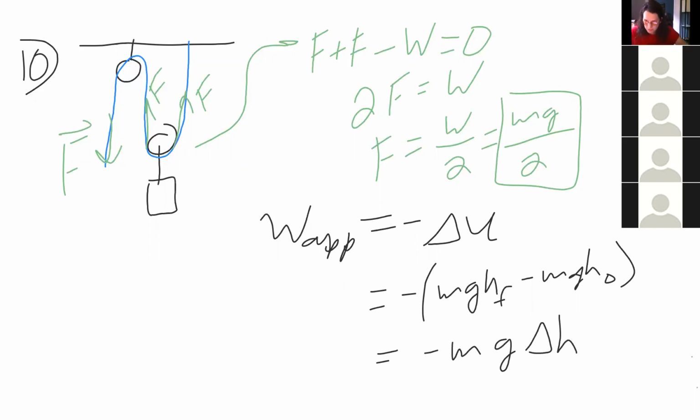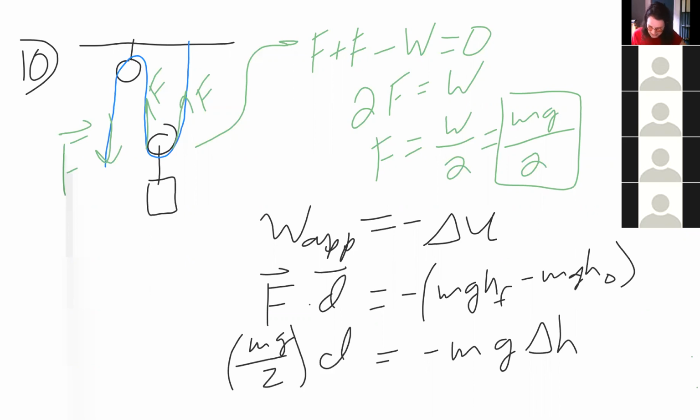Since our applied force must be equal and opposite to the weight times delta h, or rather since our work must be, we know that our work, remember, is F dot D. And so our applied force is mg on 2. We must apply that force over a distance d.